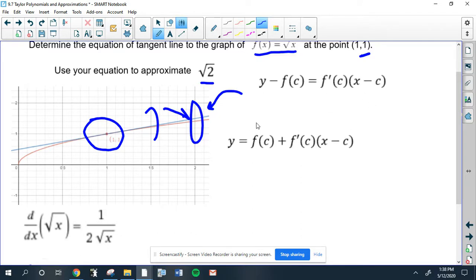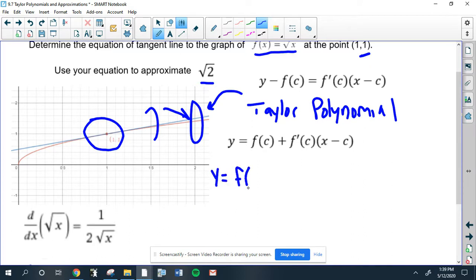This is called a Taylor polynomial. This is degree 1. If you want to make it degree 2, you just start expanding on the terms. This is the very first term. It has x to the 0.